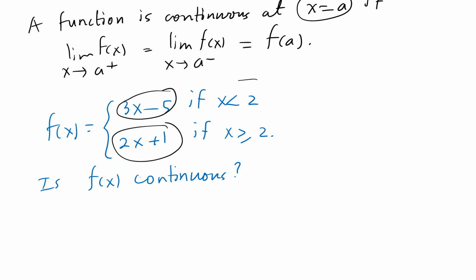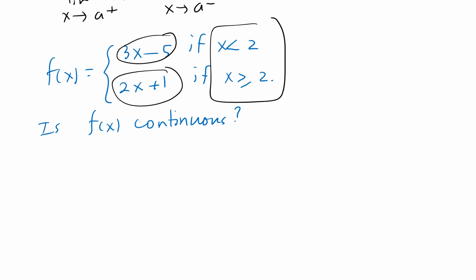What happens at the condition point? Do these two lines get connected? That's called a piecewise function. That's what we're going to check. So we just have to check, is f of x continuous at x equals 2?